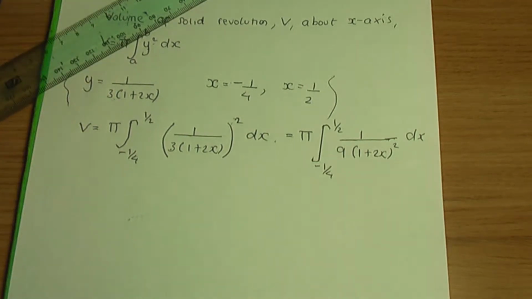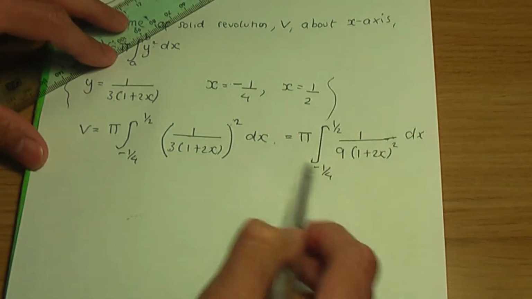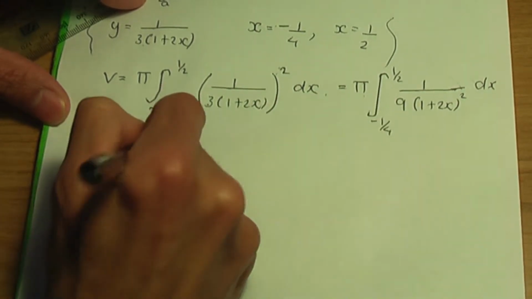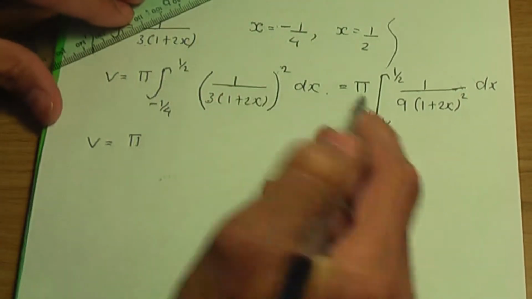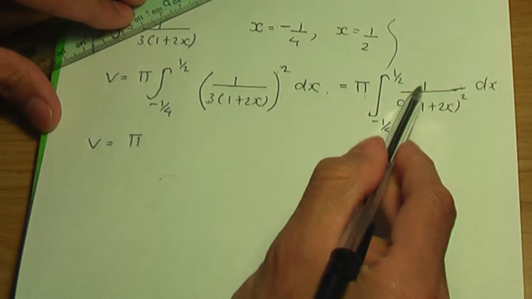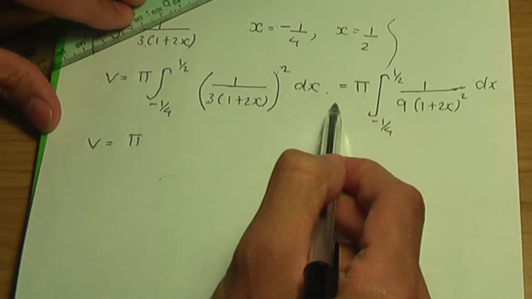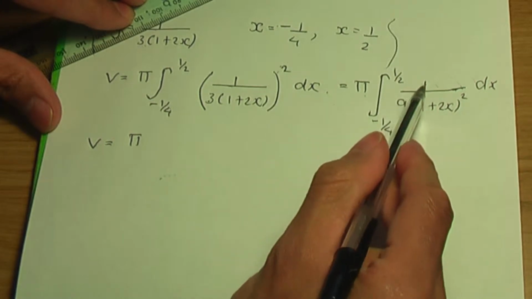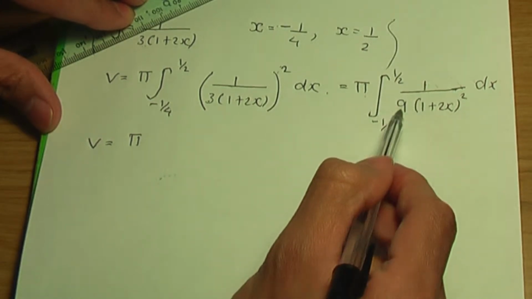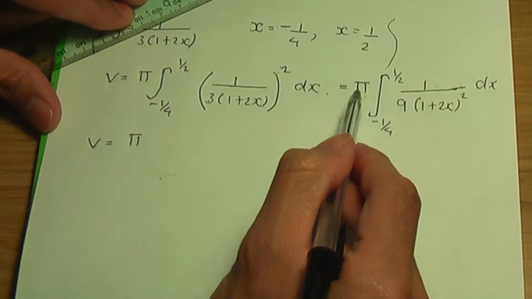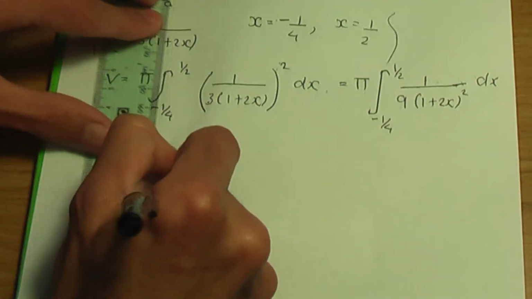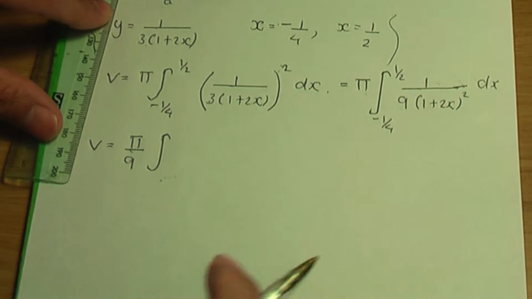So this is what we have so far. Now let me rewrite this integral as V, which is pi. I'm going to take a common factor of 1 over 9 out of the integral. So remember, you can only take constants out of the integral. So if I take a common factor of 1 over 9 out of the integral, along with the pi, it will be pi over 9 into the integration of.